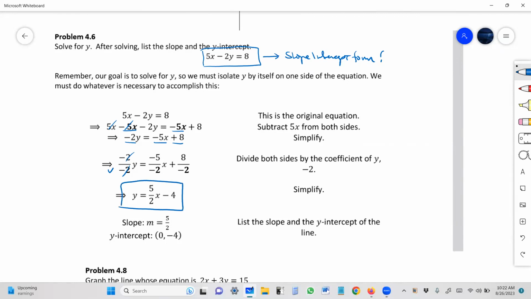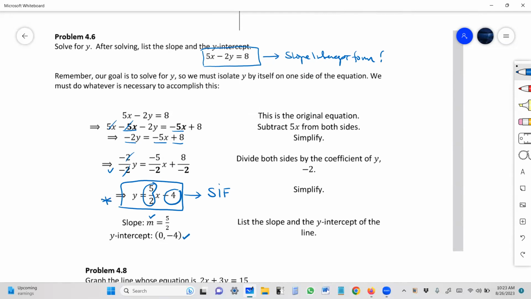So this is the equation of the line that we want in slope-intercept form. When the equation is in this format, this value right here that multiplies the x, 5 over 2, is my slope. And this value here, minus 4, is my y-intercept.